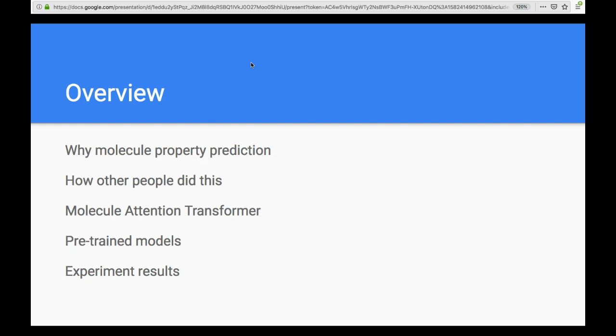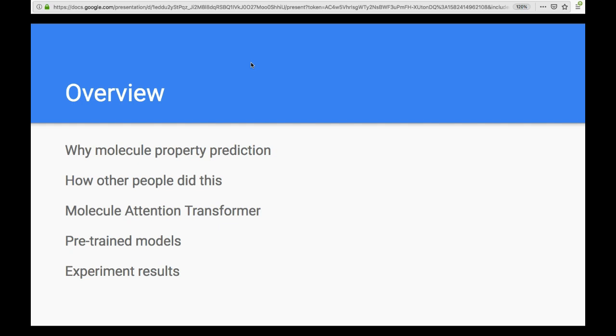If you've heard of BERT, it's a pre-trained language model that is very effective at improving downstream task performance, and that's why transformers became so popular, mainly because of BERT. They also want to do the same thing for this molecule attention transformer, so that's a very important part of this paper.